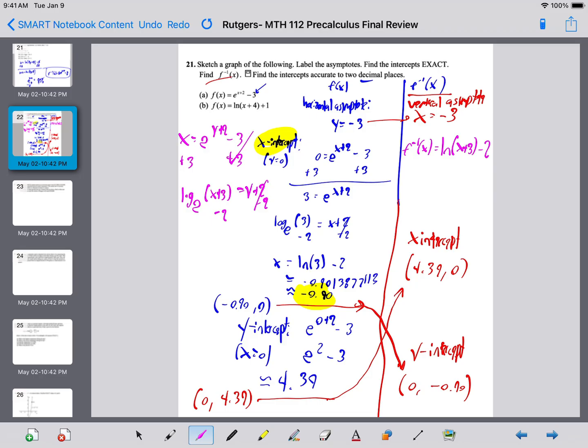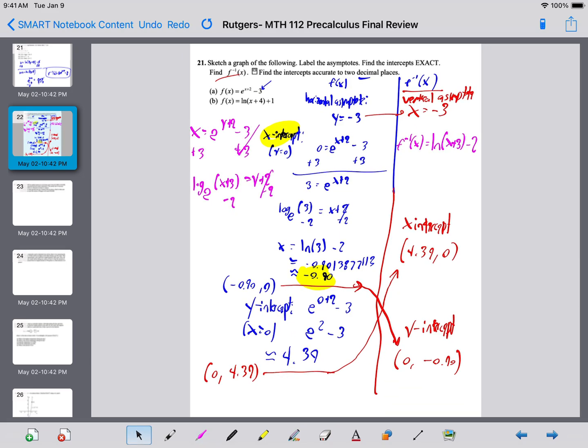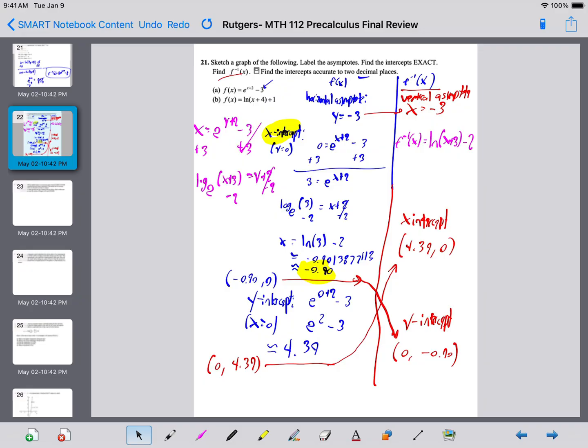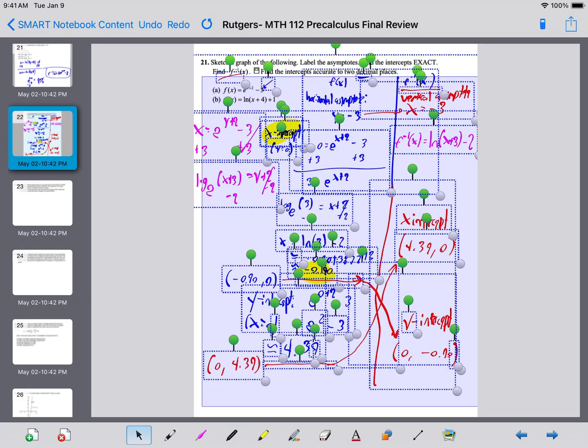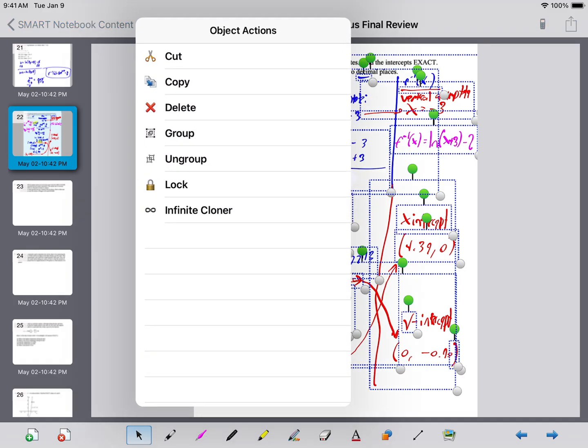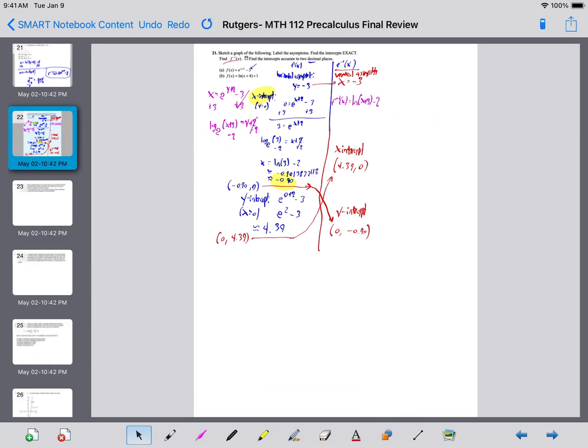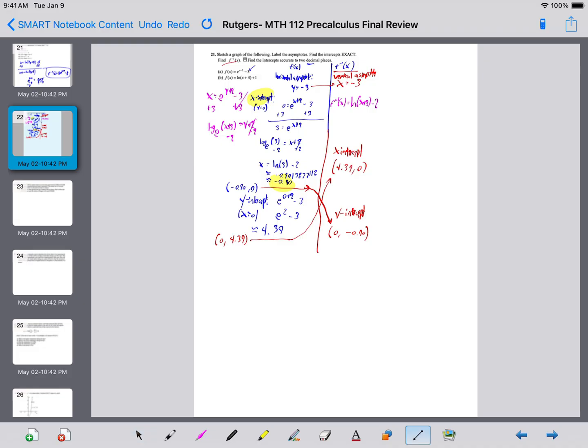It also states to sketch a graph of the following. So, I could group this and I'll make it much smaller. So we still have the information. So for the sketch, first, it started as an exponential with a horizontal asymptote of y equals negative 3.